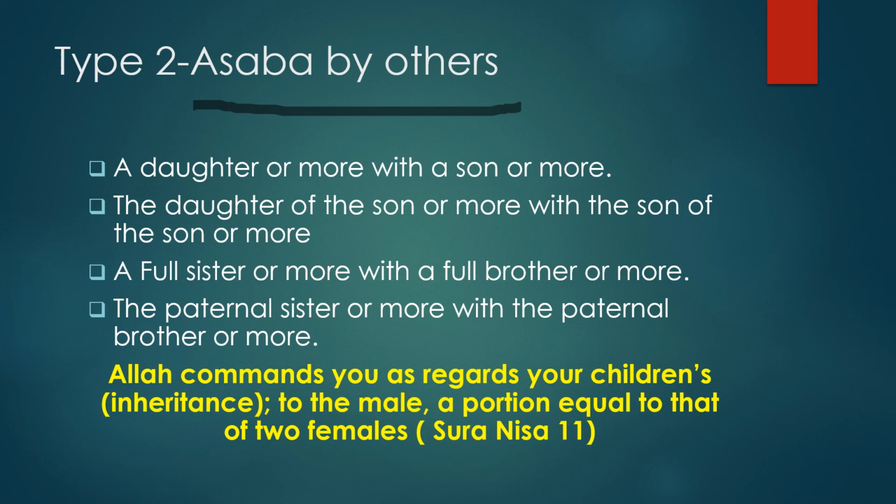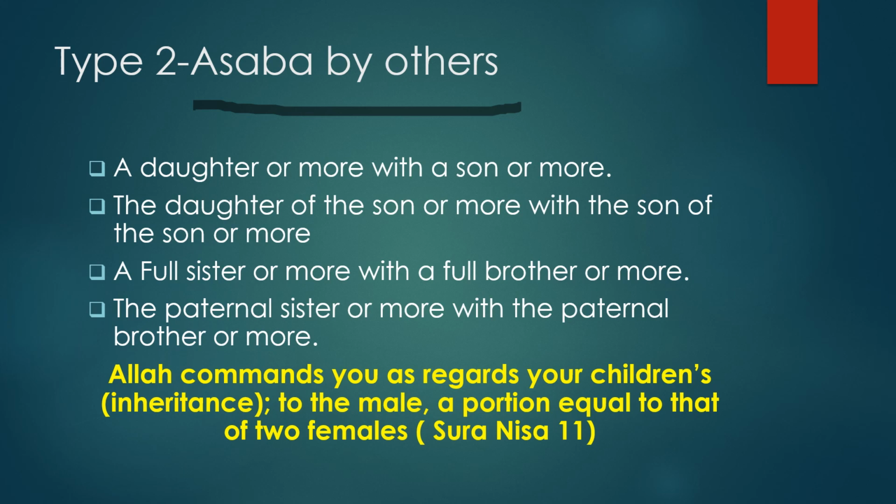So this son will make the daughter asaba. The daughter became asaba by this son, because basically the daughter comes in the list of fixed share, but she was made asaba by the son.